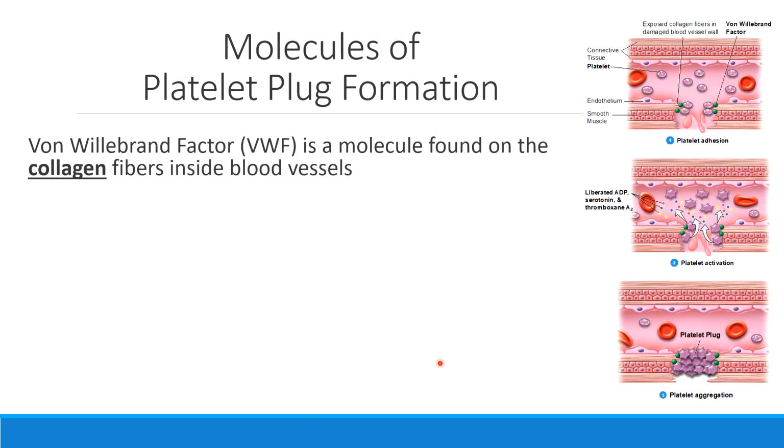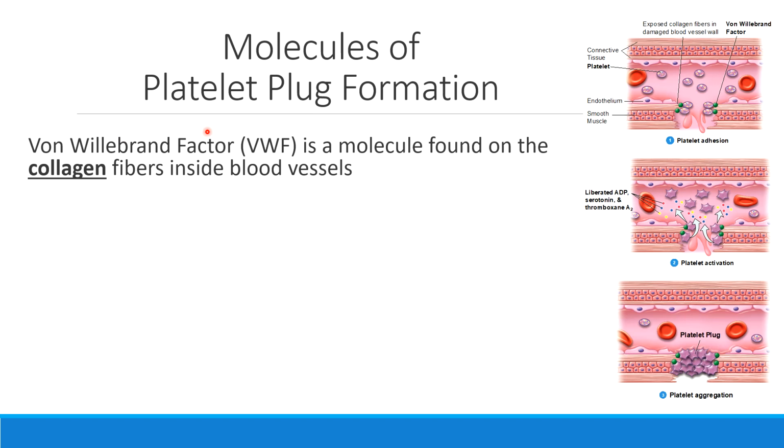So let's talk about the specific molecules that are involved in each of these parts of hemostasis. The first molecules that we're going to talk about are involved in forming that platelet plug, or in stopping the bleeding initially. So the first factor for us to be familiar with is called von Willebrand factor, VWF.